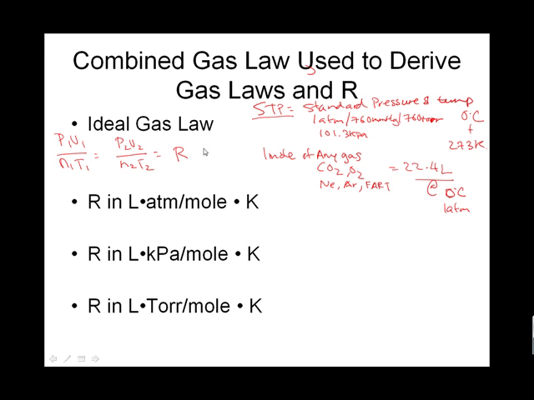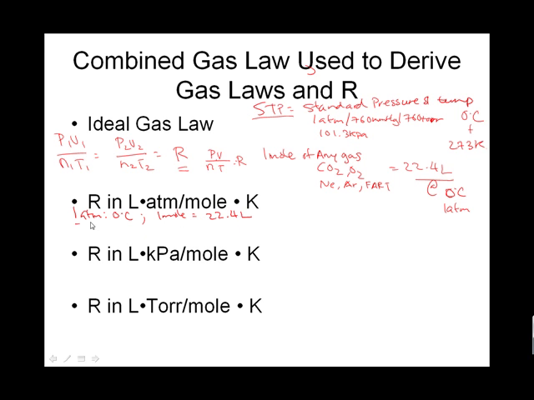The proportions are always going to be constant, and that constant is R, but we don't know what this R is yet, so let's calculate it. Let's take this equation of P times V over N times T equals R. I know that at 1 atm and at 0 degrees Celsius, 1 mole of gas is going to take up 22.4 liters.